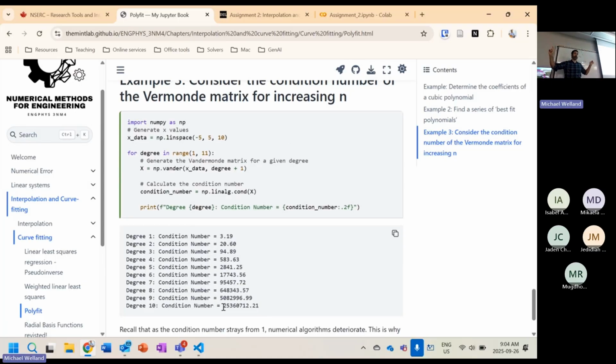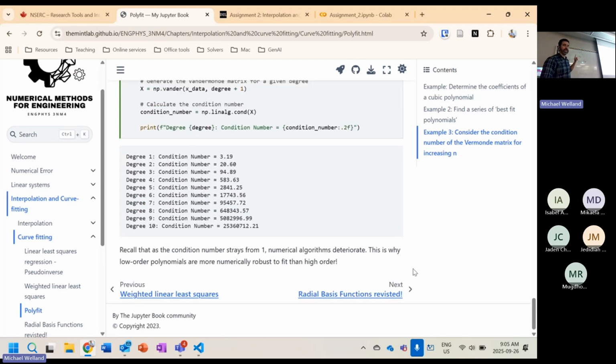What's the optimal condition number? 1, right. Is this a good condition number? No. What do you think is going to happen when we get up to degree 51? It's going to be massive, which is strange. It's strange because there is exactly one degree 50 polynomial or degree 100 polynomial that exactly matches all those data points. But even if you did want to find that thing, the numerics are such that it would laugh at you. And it would be notoriously unproductive.